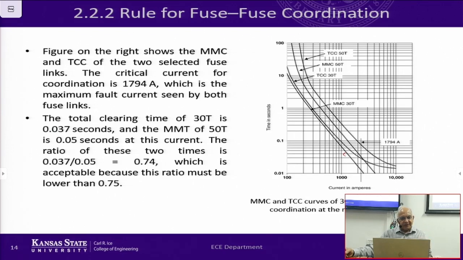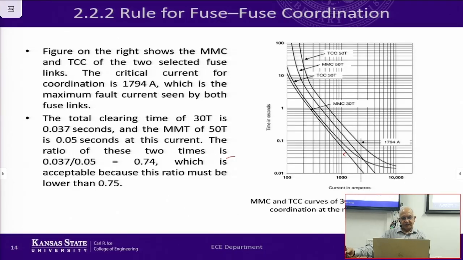And then we take the ratio of these two times. If you place this at the right location, 1794, you will find that the operating times are 0.037 seconds and 0.05 seconds for these two fuses. Then you take the ratio, it comes to 0.74. So we want that to be 0.75 because that's the margin that we want.